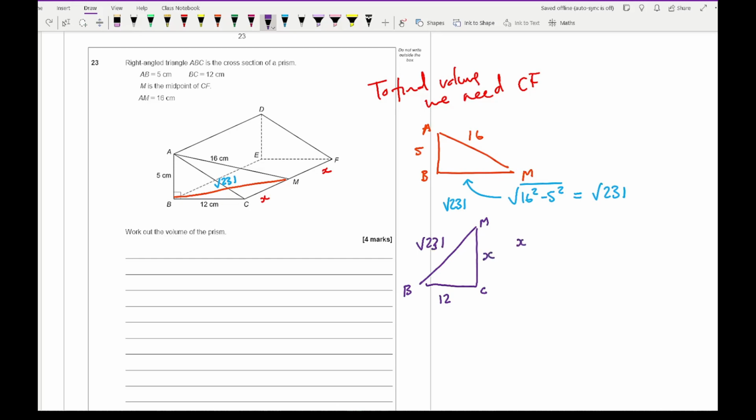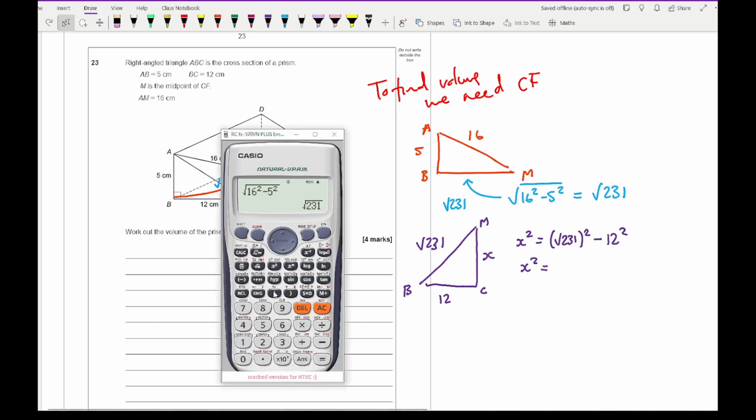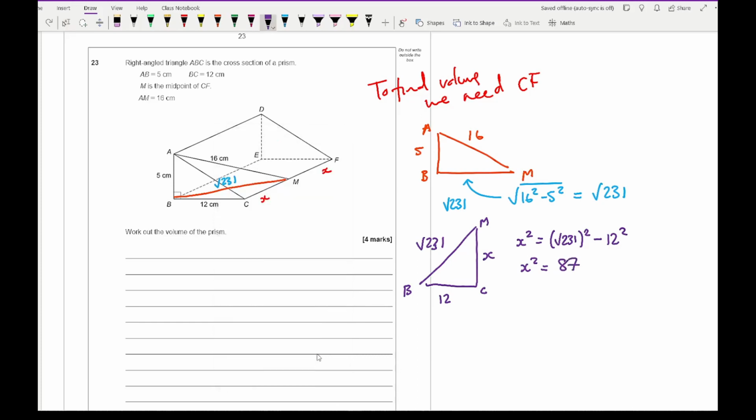So to work out x, x squared is going to be the square root of 231 squared minus 12 squared, and so x squared equals, and if I type that all in, I've got square root of 231 and then squared, which basically square root and square just cancel out, so it just gives me 231 minus 12 squared equals 87. So x squared equals 87, so x equals the square root of 87, which therefore means that this whole length is going to be 2 times root 87, or 2 root 87.